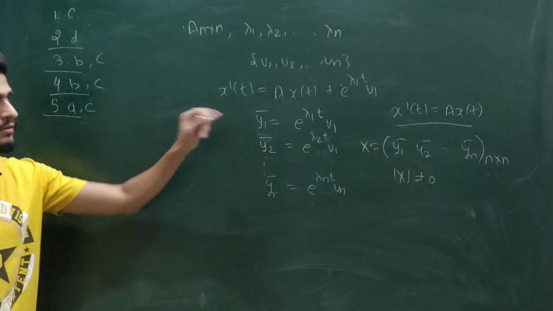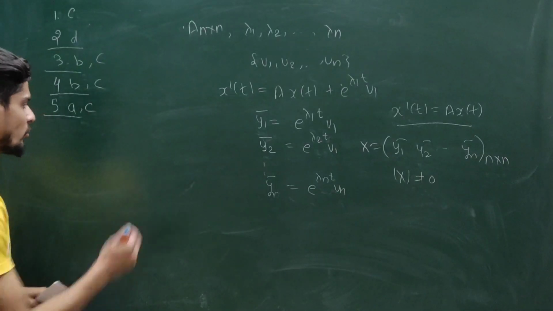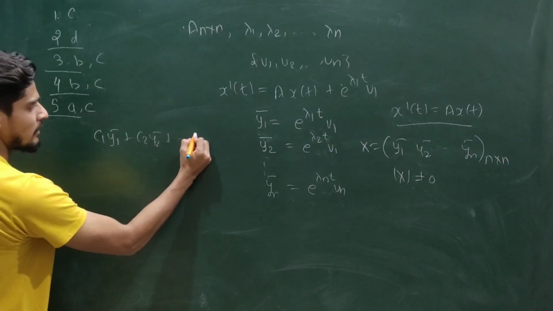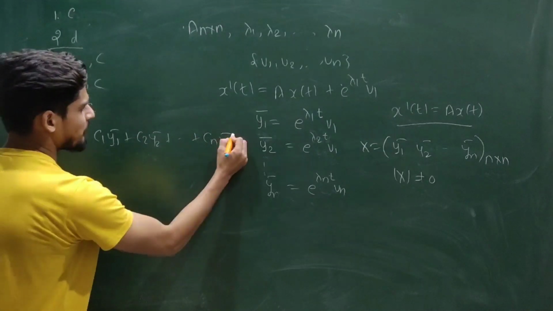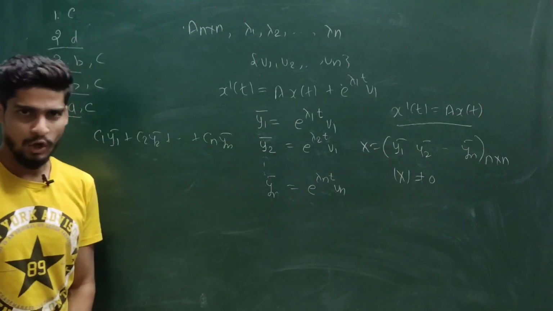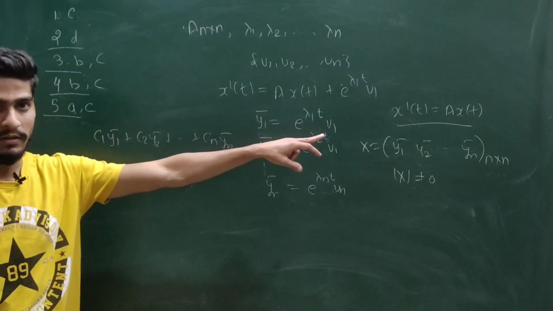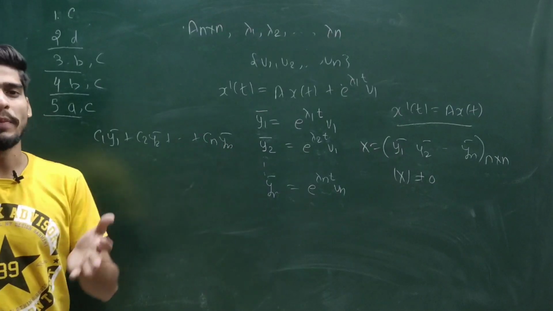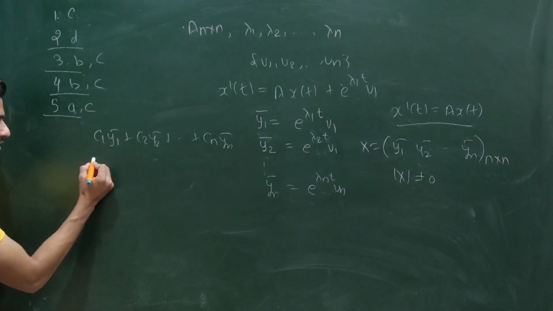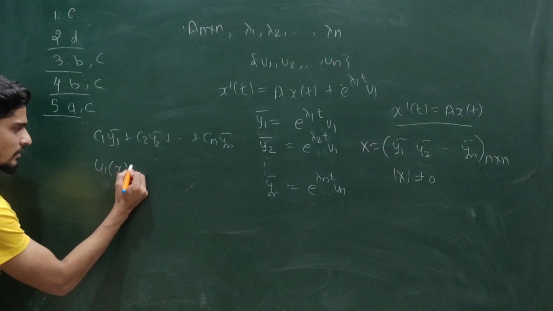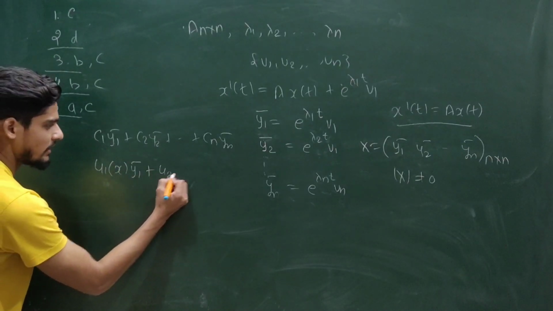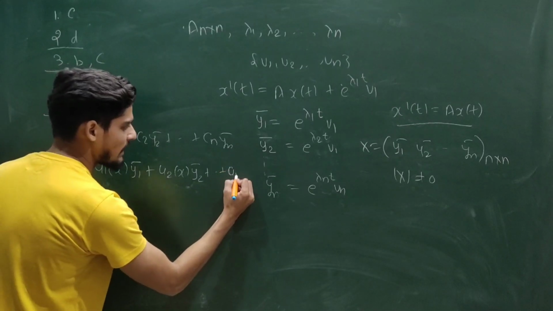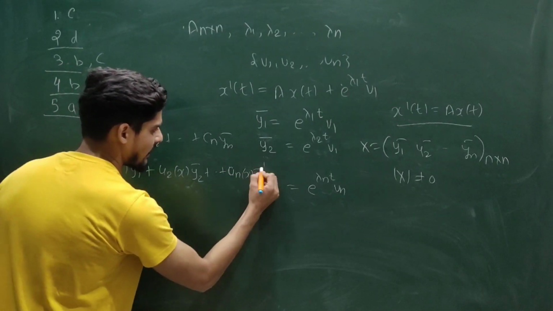Now in variation of parameter, what do you say? You know c1 y1 bar plus c2 y2 bar plus cn yn bar is a solution of the homogeneous part, where c1, c2, ..., cn are constants. So in the variation of parameter part, you assume u1(x) y1 bar plus u2(x) y2 bar plus un(x) yn bar.